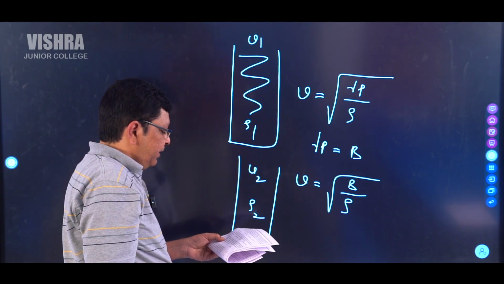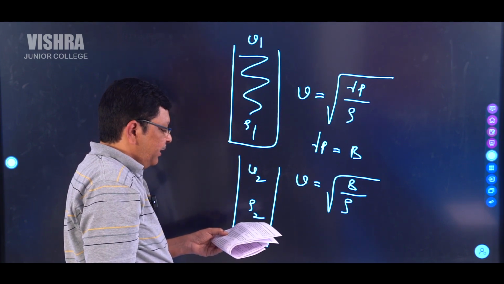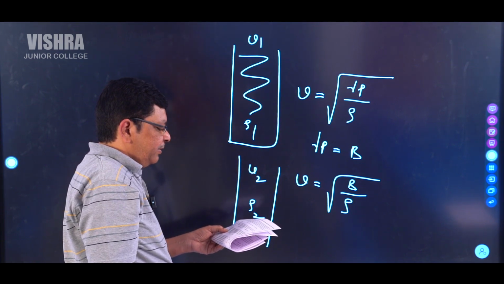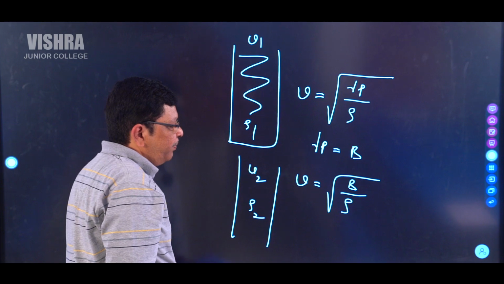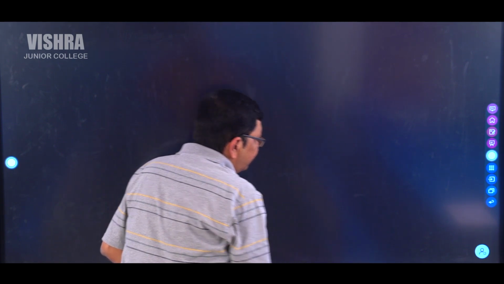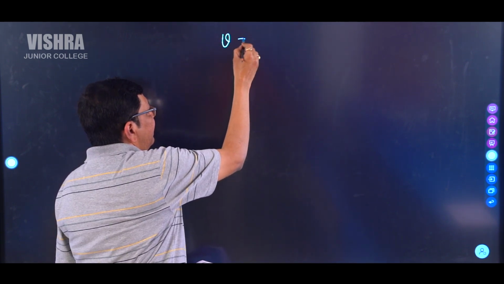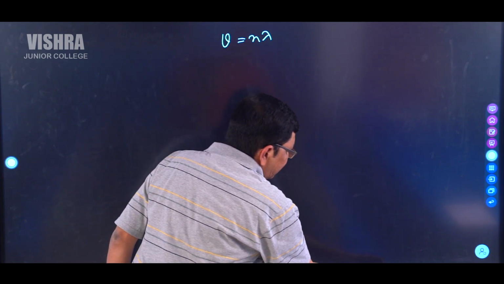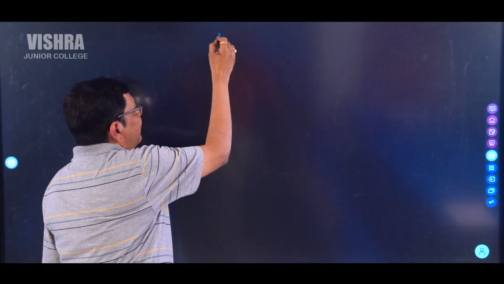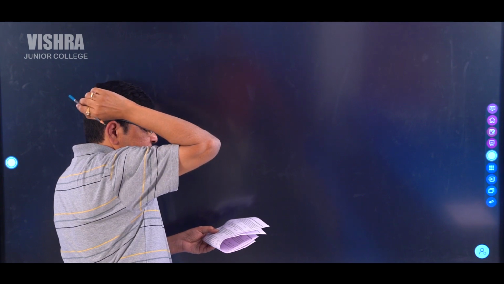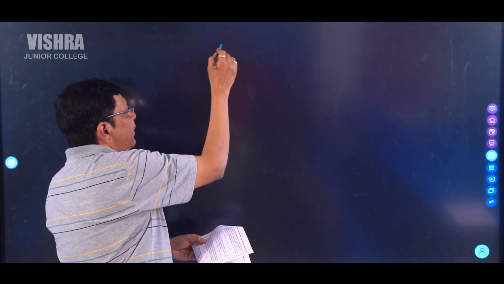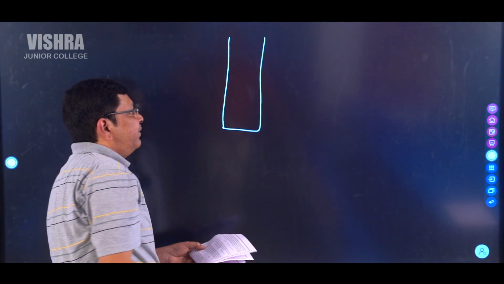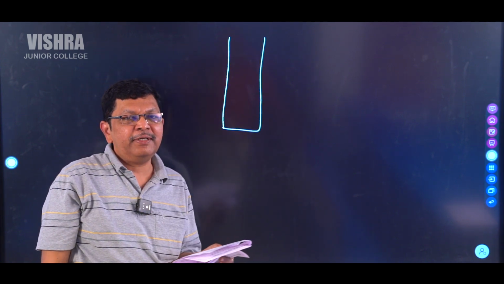Here the question given is that the frequency of the ninth harmonic of the closed tube is identical with the fourth harmonic of the open tube. Let me go for this. From v equals n lambda, or you can go by a simple condition. Frequency of the ninth harmonic of the closed pipe: in the case of a closed pipe, the fundamental frequency is V by 4L, as we know.